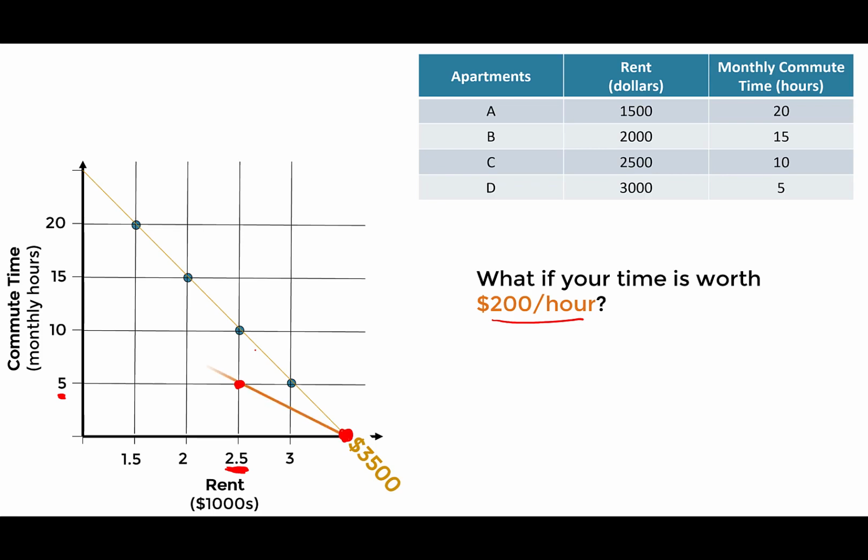And we can continue that on and see that our ISO preference line, when our commute time to rent is at $200 an hour, is represented by this flatter line. And we could look at it and see that the slope indeed now is for every $1,000, it is 5 hours, so that's $200 per hour.